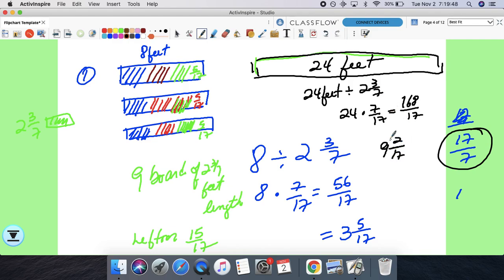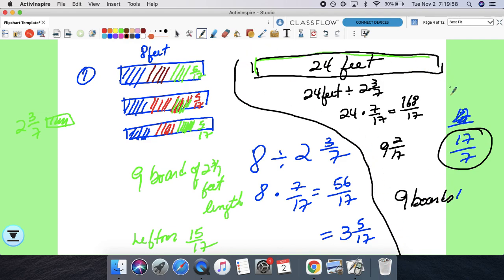So with this method, I can make 9 boards. If it's one long board of 24 feet, I can make 9 boards, and what's left over? I'm interested to see which route you guys took.